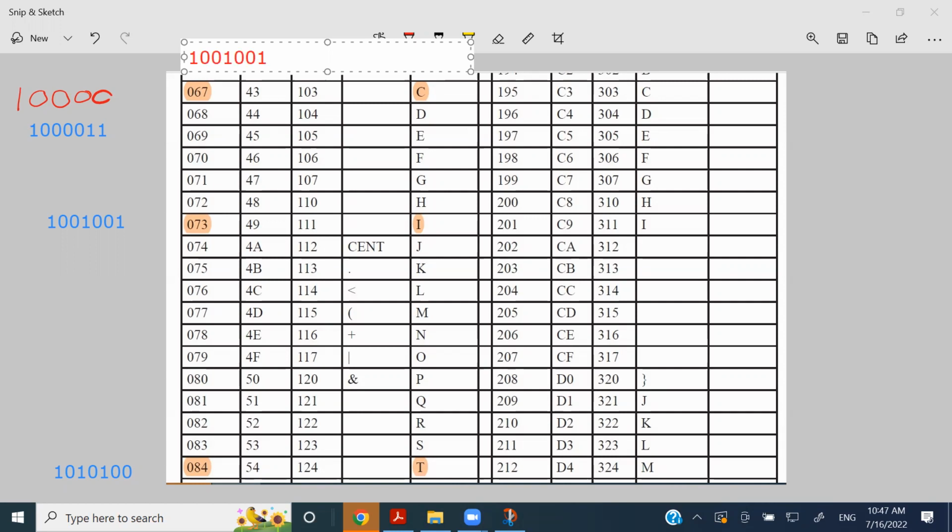Oh no, it changes everything. Never mind. So C is 1, 4 zeros and 1, 1, and finally the T, which is 1010100, right? Which gives you this as the final answer of the ASCII code of ICT.